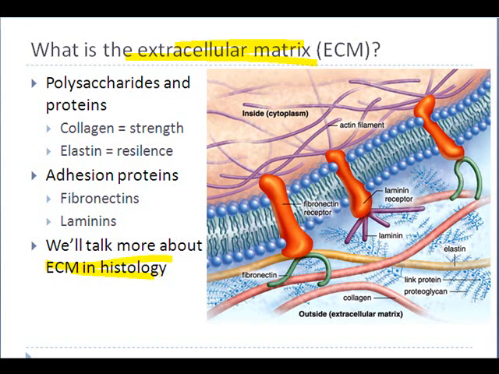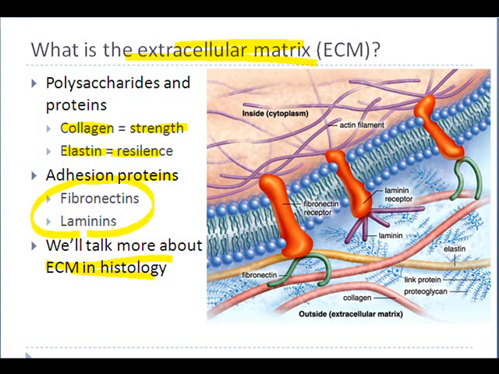These are mainly polysaccharides and proteins, and examples of such are collagen, which is present in skin or hair fibers, and gives you much more strength, or elastin, which is for resilience and also present in hair and skin.